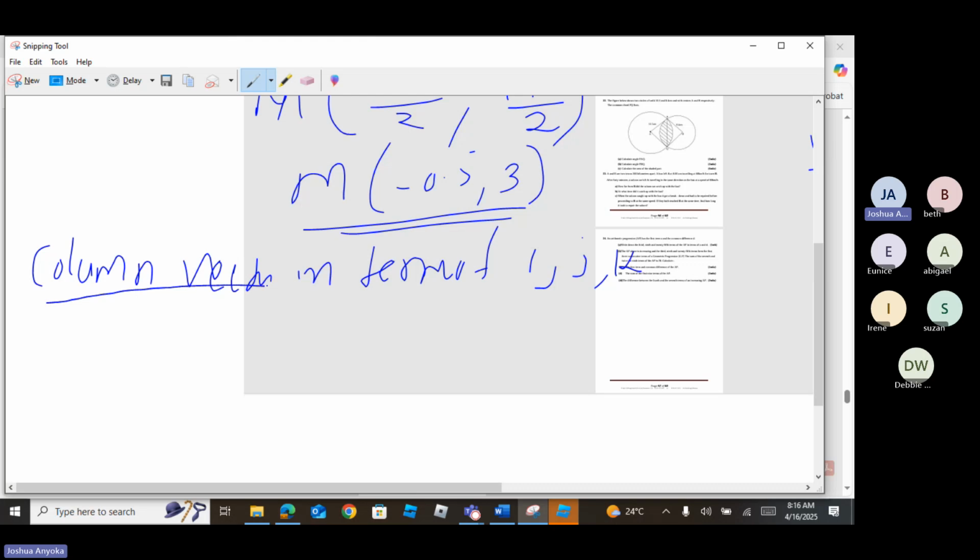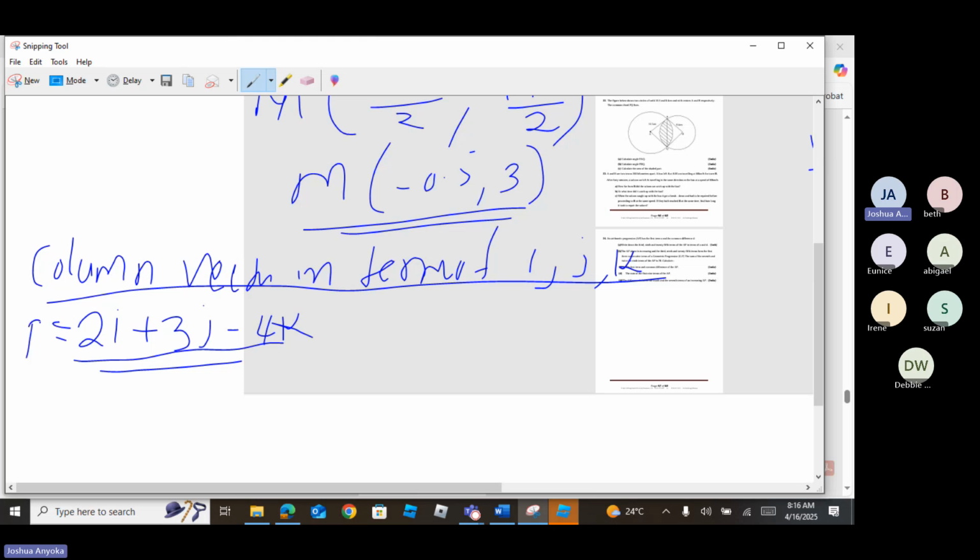This is a column vector, but under unit vectors. If we say 2i plus 3j minus 4k, this is a column vector P. So this column vector is actually the same as (2, 3, -4). But now this one is written in terms of i, j, k, and this one is written in terms of the column vector.